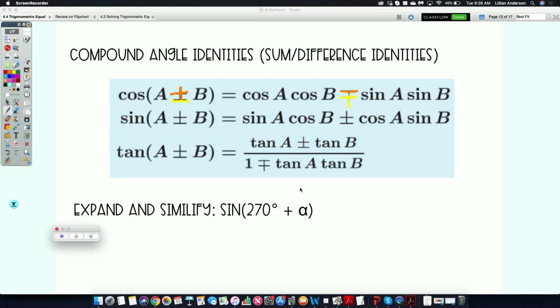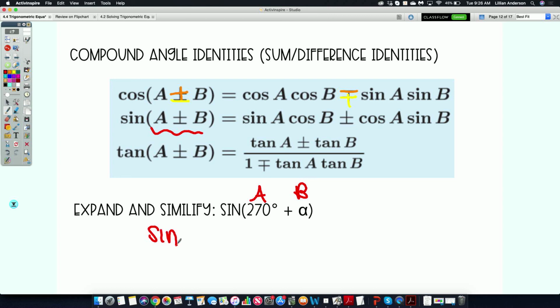When I look at this problem, it's asking me to expand and simplify sine of 270 degrees plus alpha. Okay, that's the alpha symbol. Here, I want to use your compound angle identities because it's asking you to add two angles together. So I'm going to need the compound identity of sine A cosine B plus cosine A sine B. 270 relates to A, alpha relates to B, and you just use the expansion of the formula.